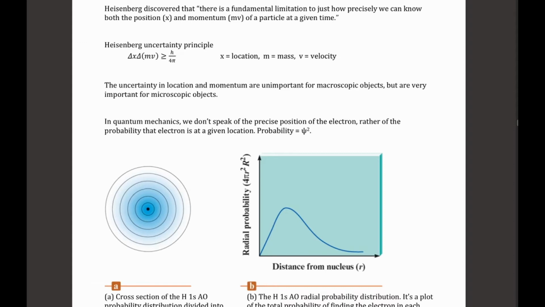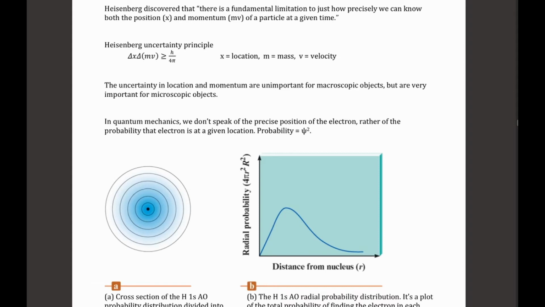What that means is, in the microscopic world, things are so tiny that we can't exactly know where they are and how they're traveling at the same time. There's a limitation to how much we can know about those quantities.